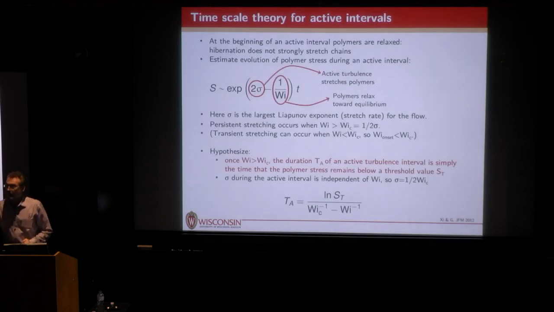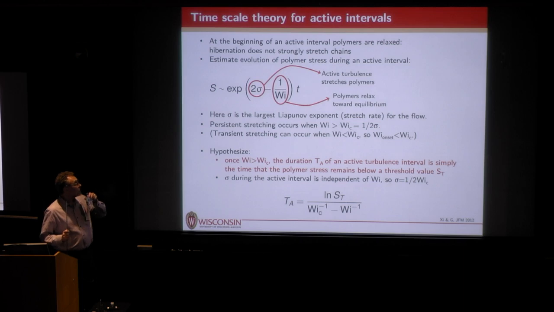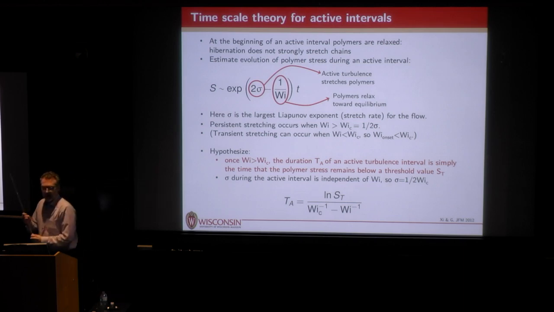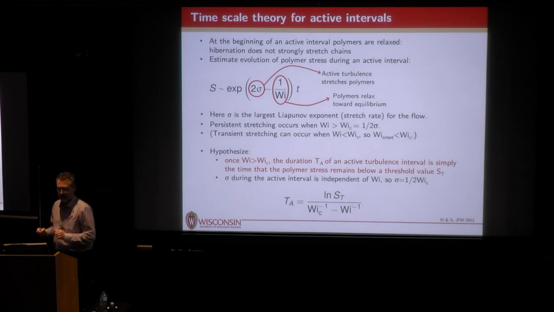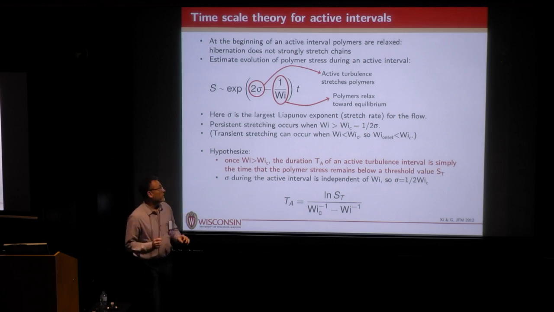We can make a little theory about that. The basic idea comes back to what I described earlier, which is that the polymers will tend to stretch like material lines, but then relax with their characteristic relaxation time. So we can make a little model that says in the active intervals, the polymer molecules are being stretched and relaxing.